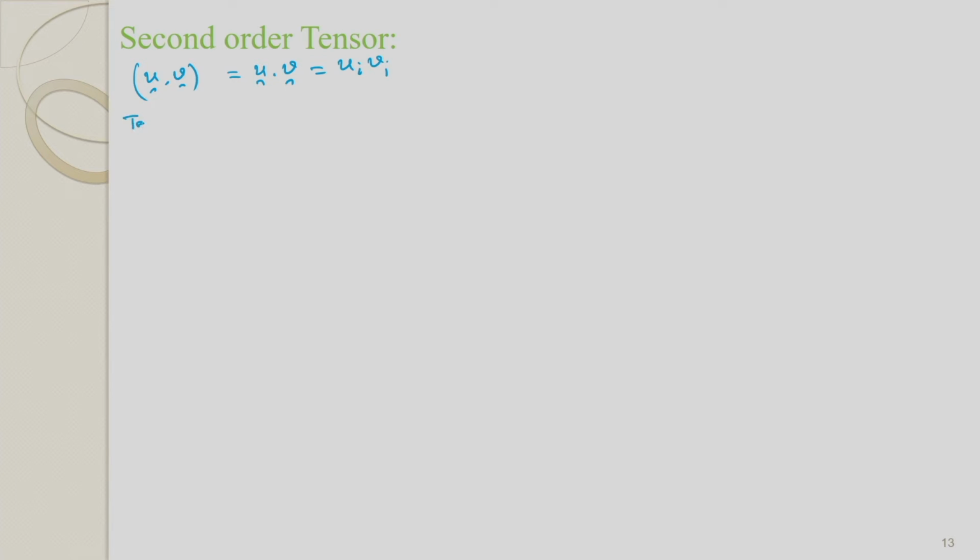Now, the transpose of a second order tensor is defined as this, which is true for all u and v belonging to R3.